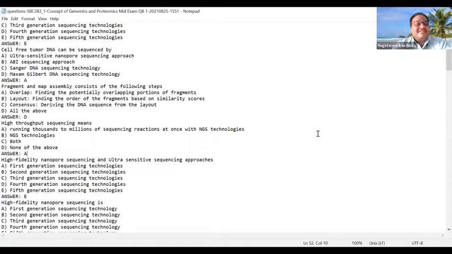Yes, what is the answer there? High throughput sequencing means. Charan.